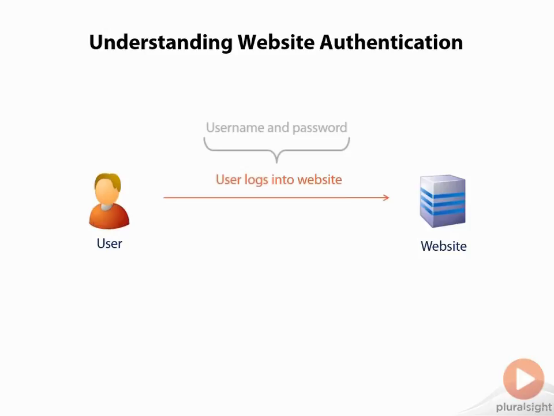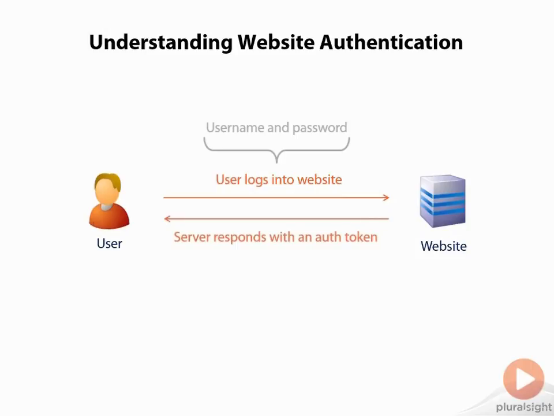Now, obviously, once the user provides this information to the login page, the website will authenticate them. Let's not worry too much here about how that actually happens, and we'll assume that they get successfully authenticated. In a normal, secure implementation of authentication on the web, the server will then respond with what we call an auth token.